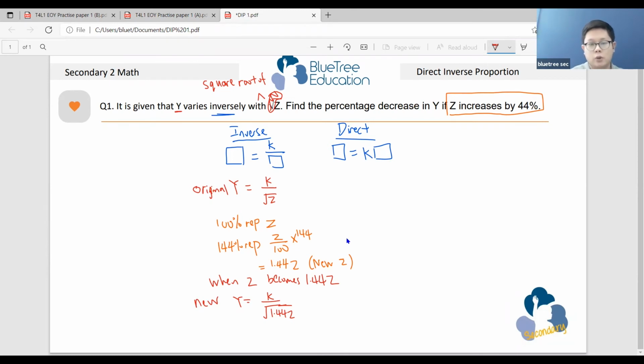What I mean by that is the square root of 1.44z is the same as the square root of 1.44 multiplied by the square root of z. And I'm going to find the answer of that, which is going to give you, is it 1.2?